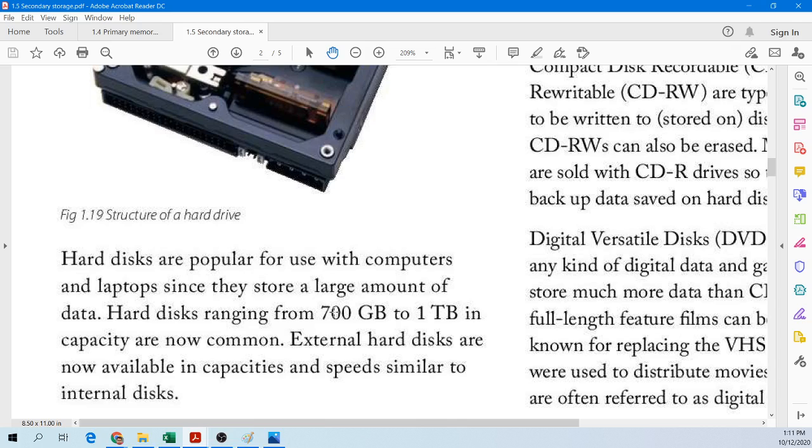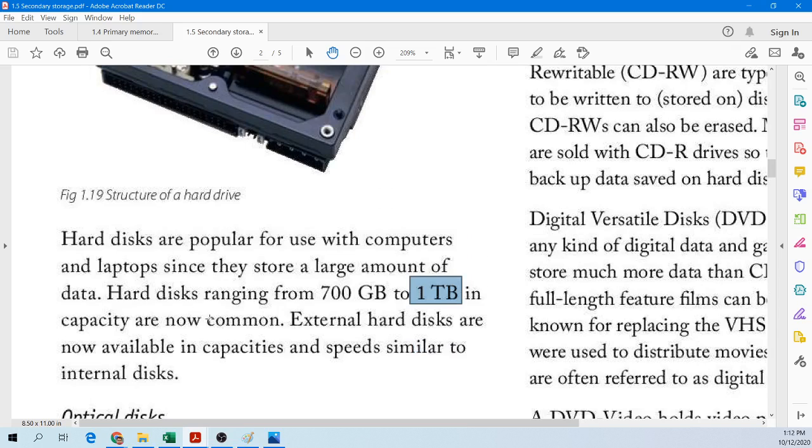Now, last week we looked at how data is represented. 700 gigabytes to 1 terabyte is roughly the capacity around what we have now. You might still see 256 gigabytes, 512 gigabytes. But because the technology is getting more advanced, we're going to stop seeing smaller storage and start to see larger storage.